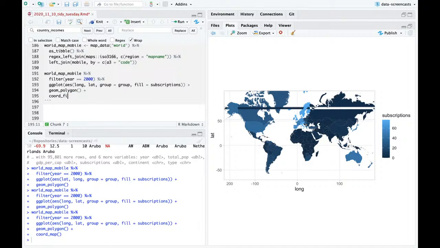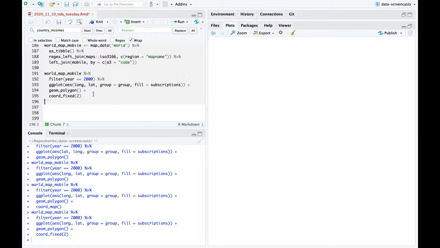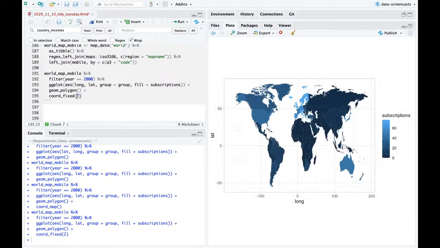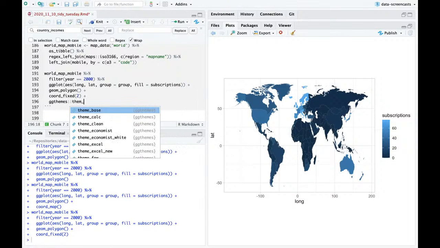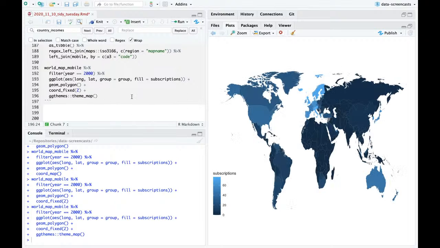So I'm going to go ahead and just say coord_fixed 2 means I want 2. Yeah, this looks good enough. And I'm also going to say theme_map, which comes from ggthemes. So this is kind of fine.